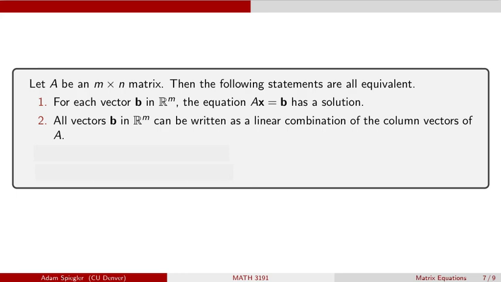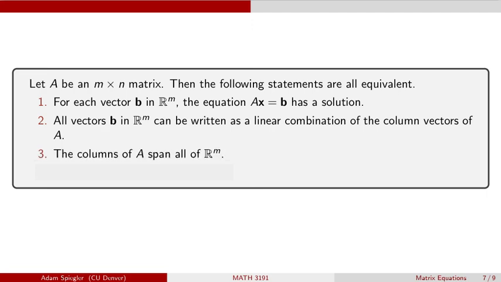In other words, can B be written as a linear combination of the column vectors of A? Because really, this is how we led to the matrix equation. So these two questions are exactly identical.